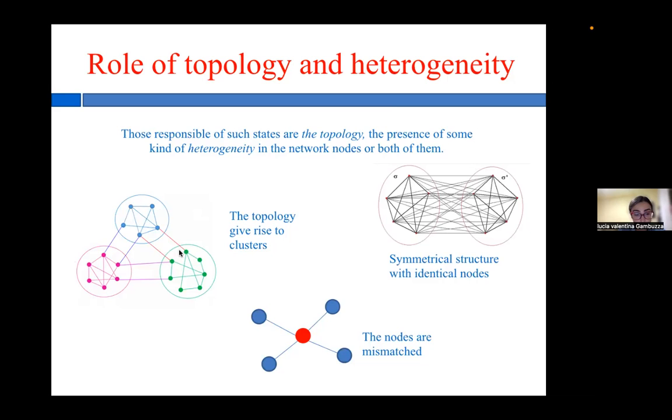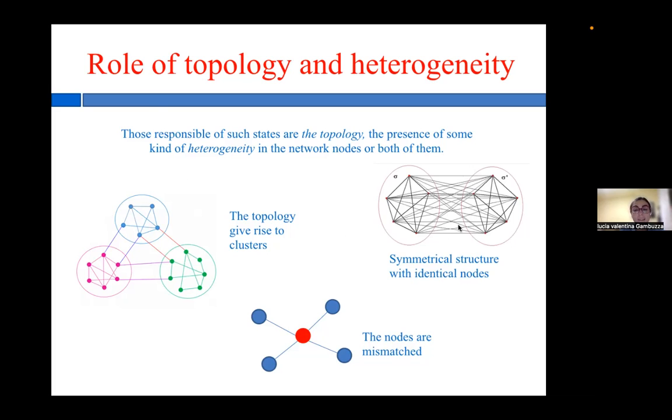In the figure to the left, thanks to the topology, the network splits into 3 different classes identified by different colors, and the behavior inside each cluster is the same for the units.